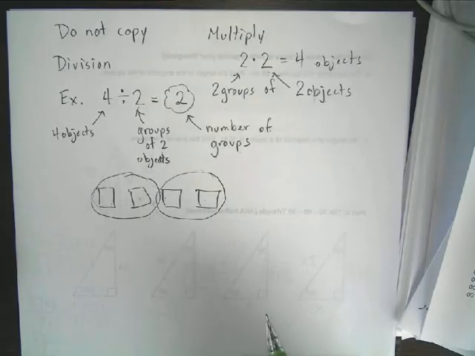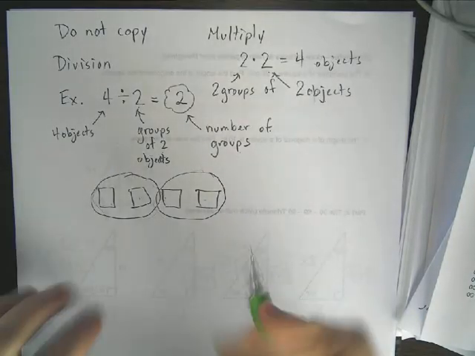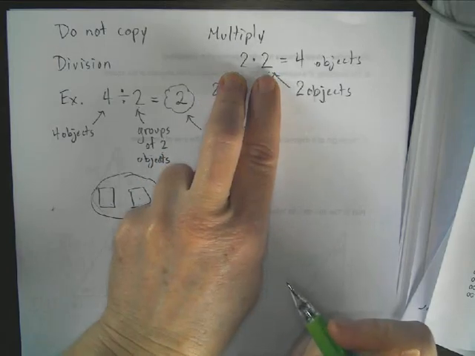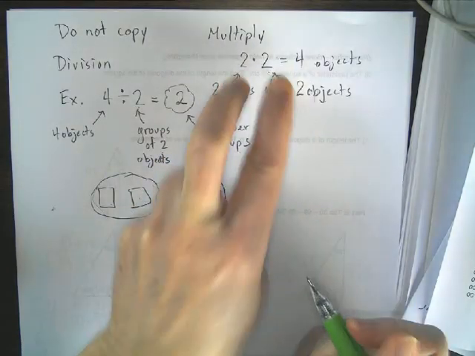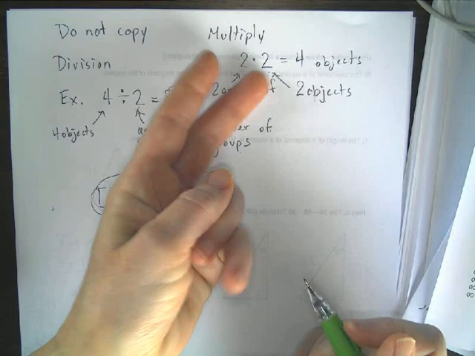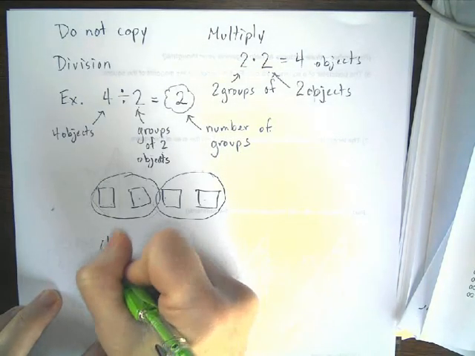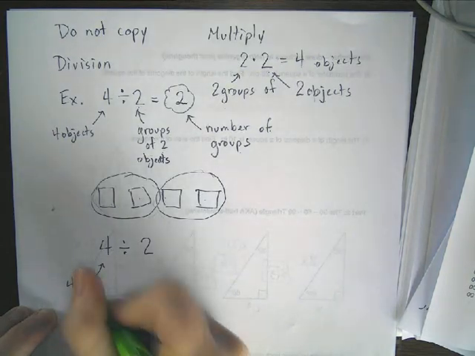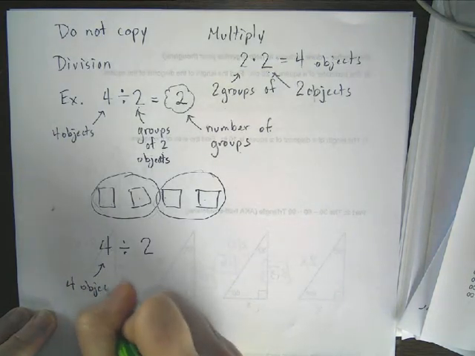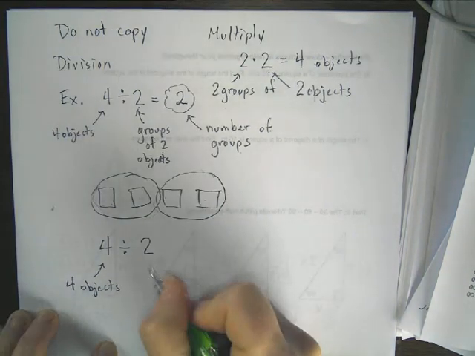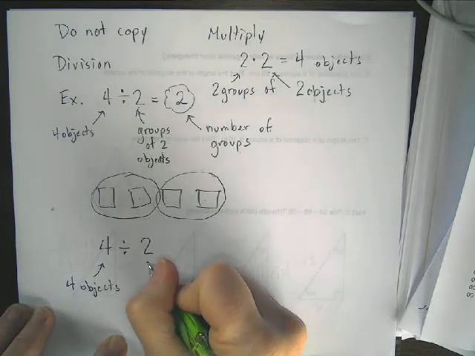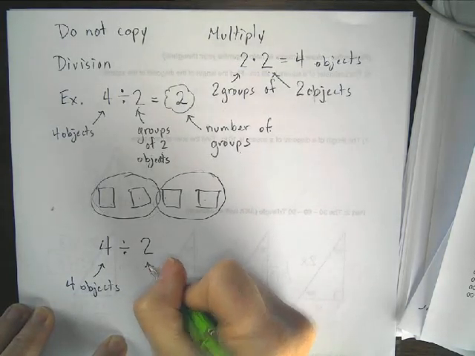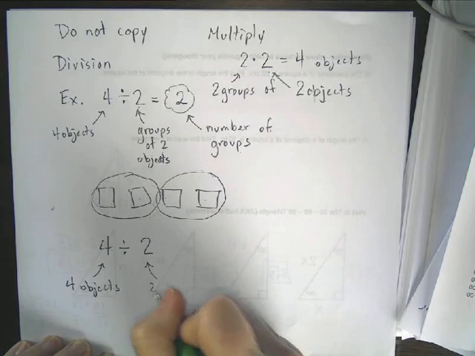Another way we could think of it, though, is we know we have the commutative property of multiplication. We could switch this. So another way we could think about it, 4 divided by 2, it's 4 objects, and I'm dividing this into 2 groups.